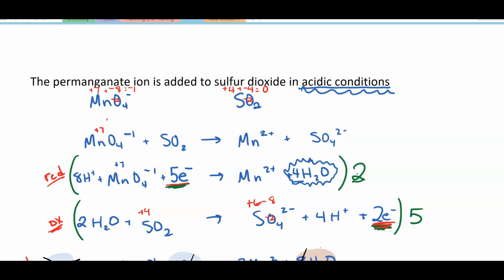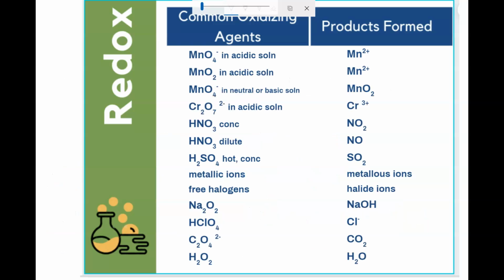So I have the permanganate ion reacting with sulfur dioxide, and the permanganate ion is in a +7 form. It is probably going to gain electrons because it's very hard to imagine it becoming more positive by losing more electrons. On a list of common oxidizing agents, or things that are about to be reduced, I see that permanganate in acidic conditions goes to the manganese 2 form.